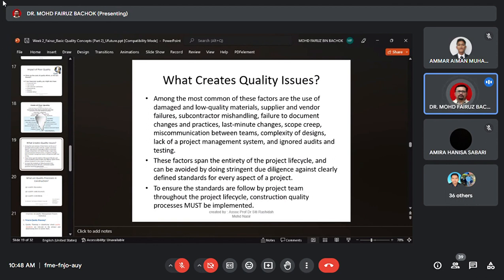Okay, must be, it is compulsory. If you don't do it, it may not be a sin, but it can create many bad consequences. That's why you must adopt this consistent quality process. Not only you as a contractor, but also the team working with you. So every team needs to play the right role.